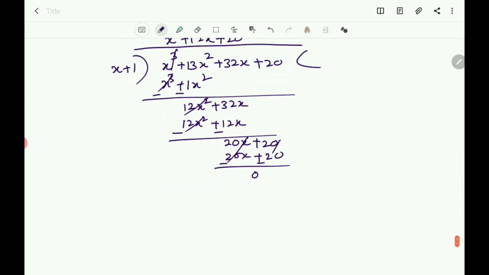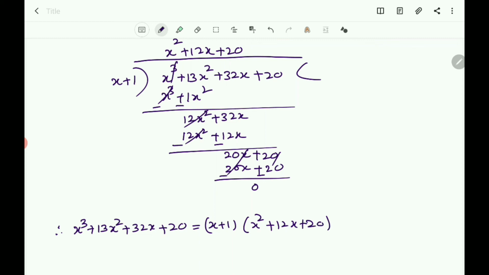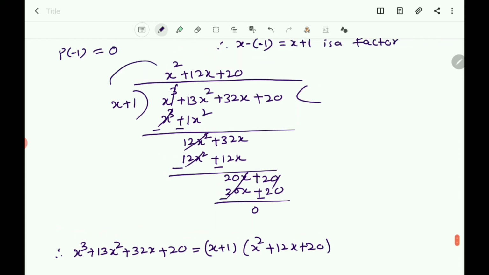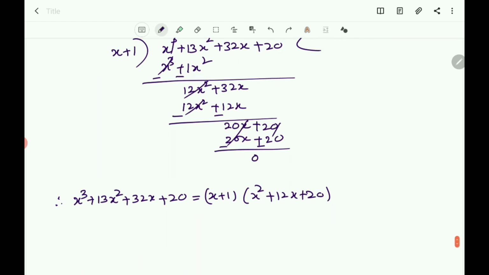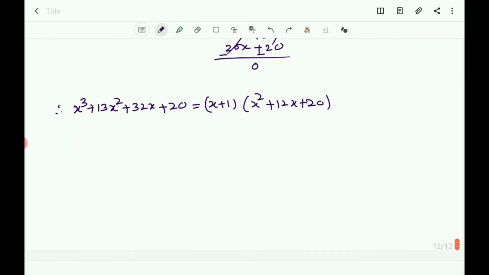Then what you got? Therefore x cube + 13x square + 32x + 20 is equal to (x + 1) into (x square + 12x + 20), the product of these two. Now again we have to factorize x square + 12x + 20 as it is a trinomial.